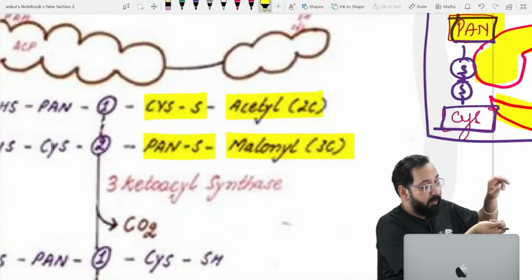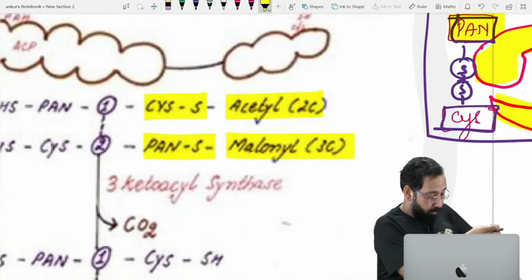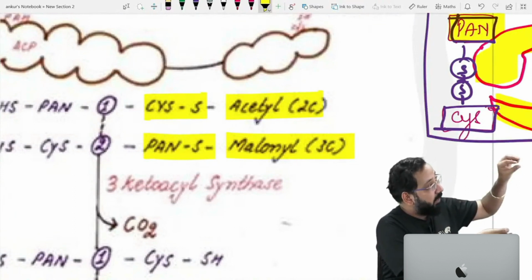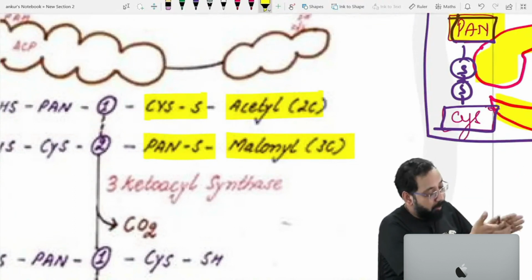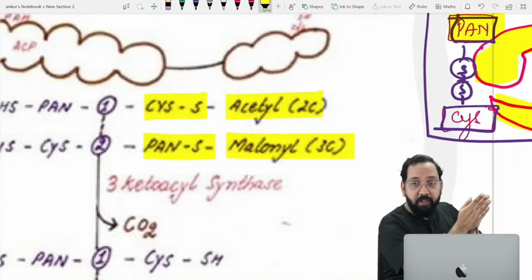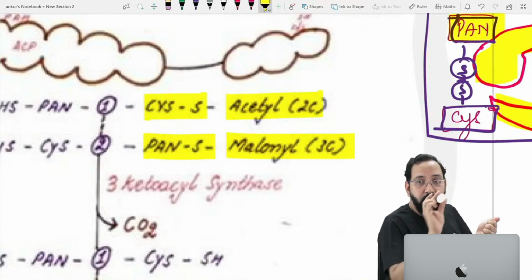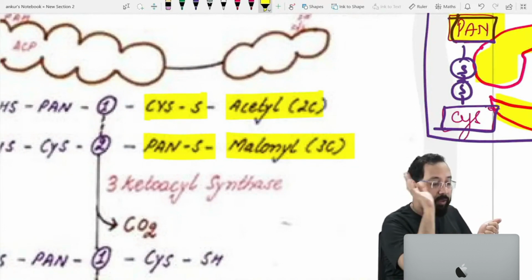The pan end is attached with malonyl, 3 carbon. Now acetyl will come to malonyl. A condensation reaction occurs, and one CO2 is removed.